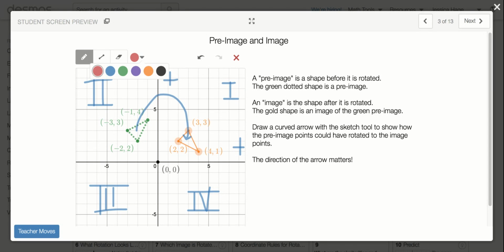So -2, 2 become 2, 2, and then the point -1, 4 gets rotated over here, and then point -3, 3 gets rotated over there. So all we needed to do here was draw a curved arrow. So this is an exploration for you to do at your own pace, and then check this video for your answers.